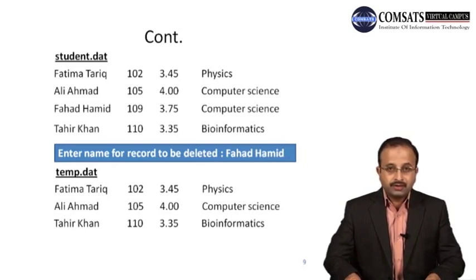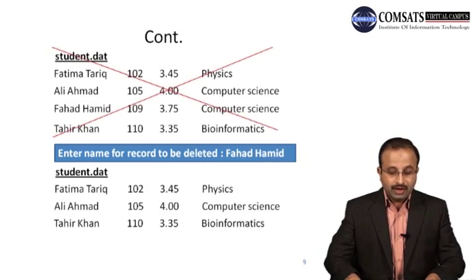Then the reading process is finished, you close both the files, then you rename the temporary file. Before renaming, you have to make sure that you delete the original file, because it's not possible to have two files with the same name in the same folder. Okay?